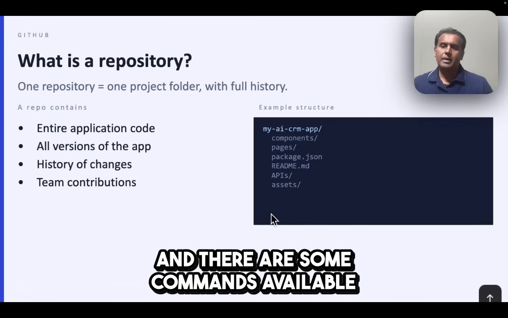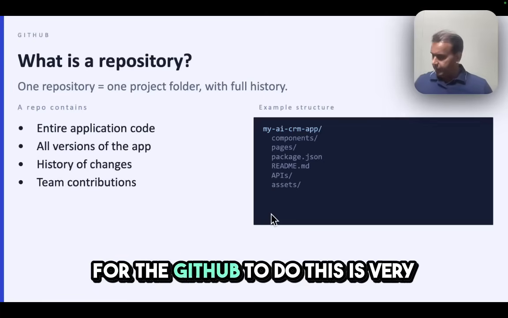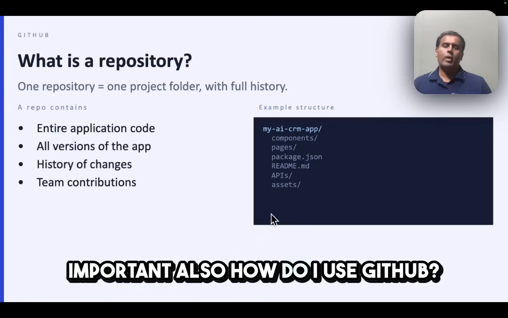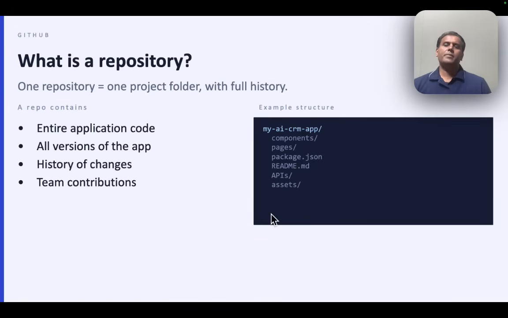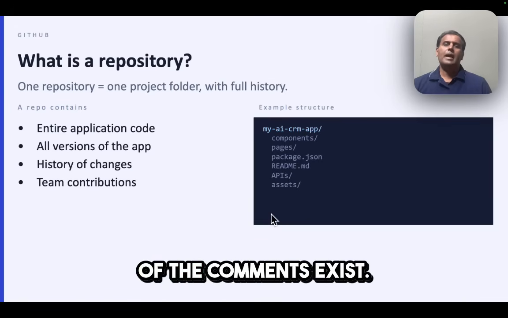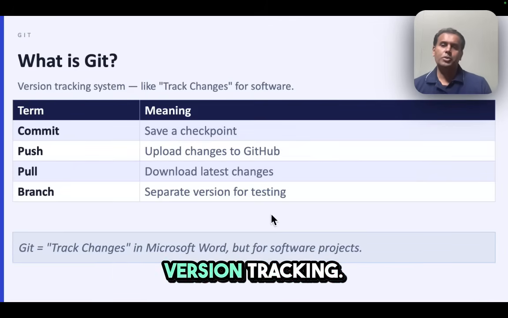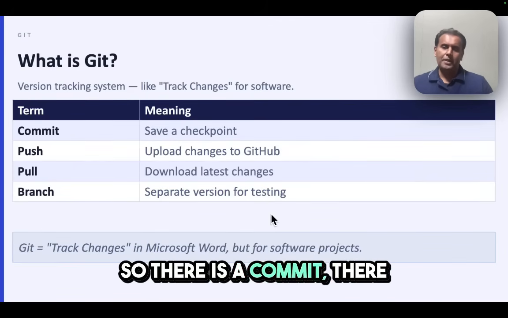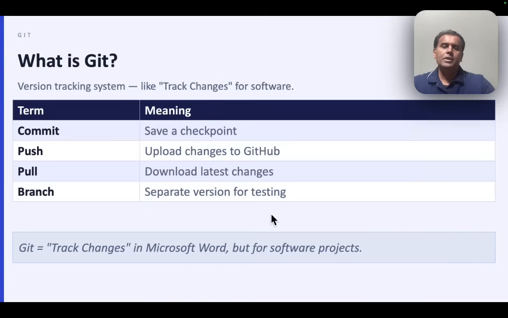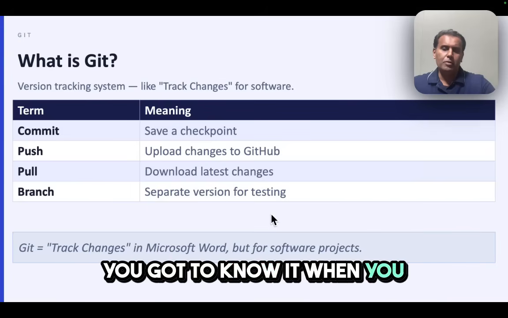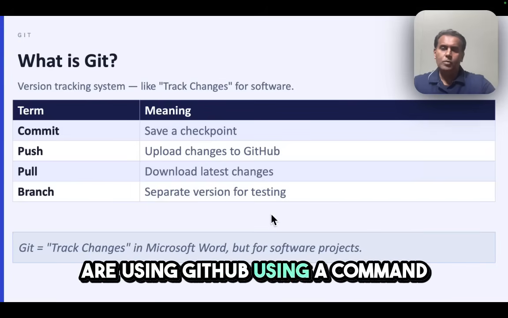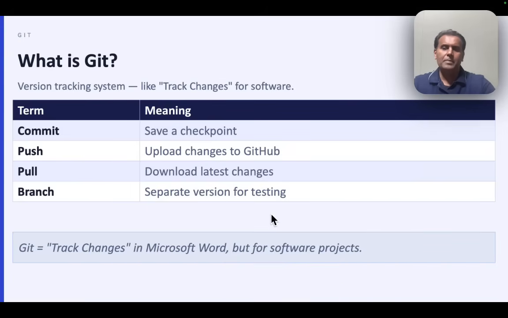And there are some commands available in GitHub. This is very important also. How do I use GitHub? This is where some of the commands exist, for version tracking. There is commit, push, pull, branch. You have to know these when you are using GitHub with a command prompt, which we will see.